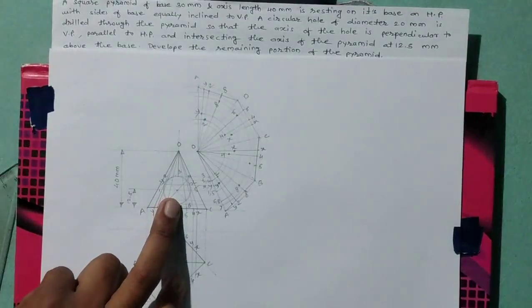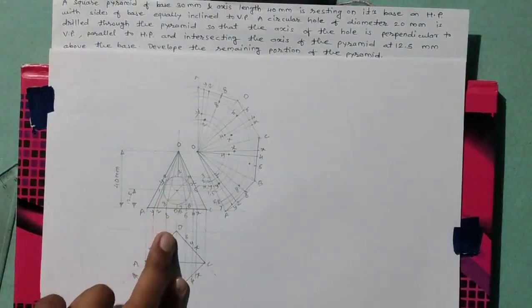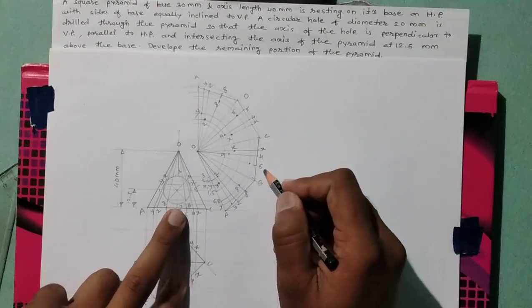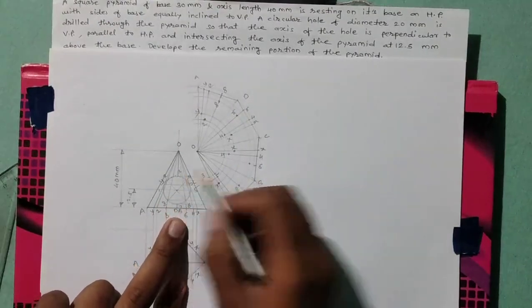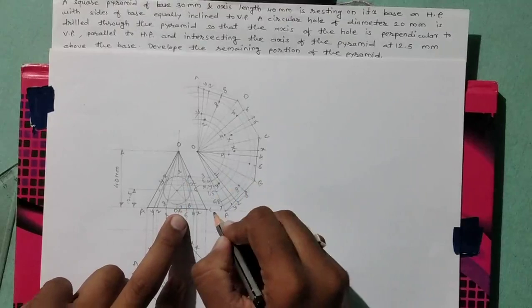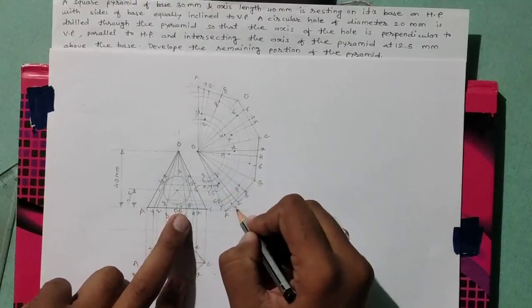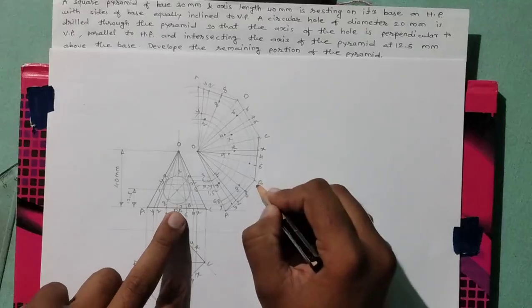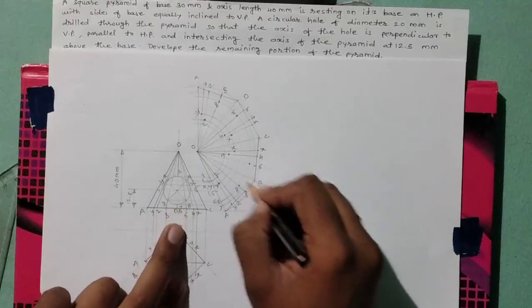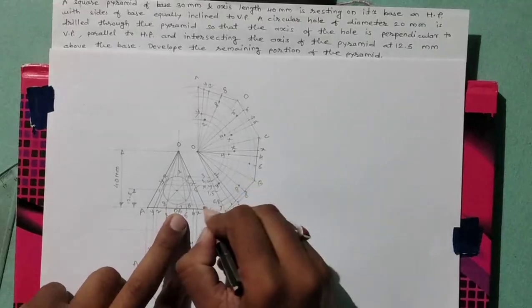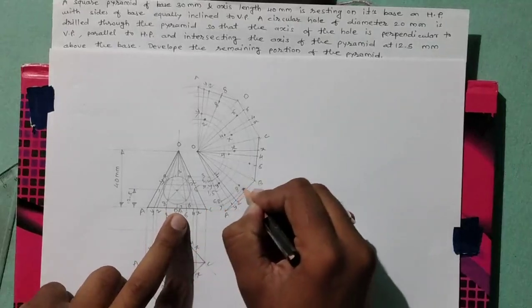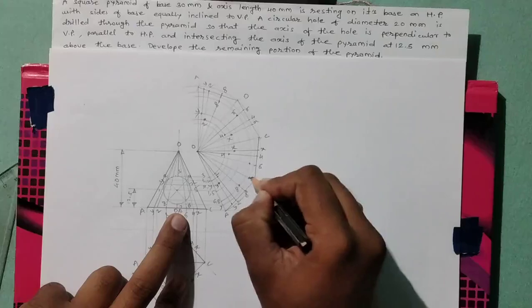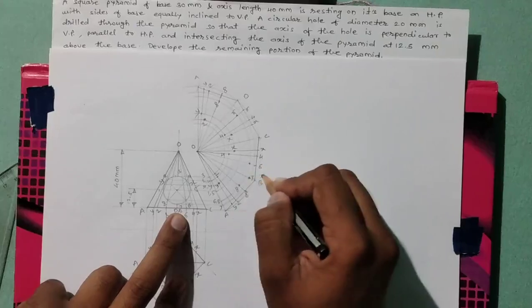Now we also have to take the projection of points 7 and 3 on D and B. At B there will be 7 and 3. For this B, there is the projection of 7 here, we can name it here as 7.